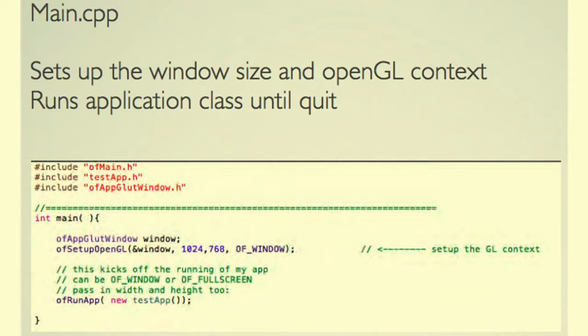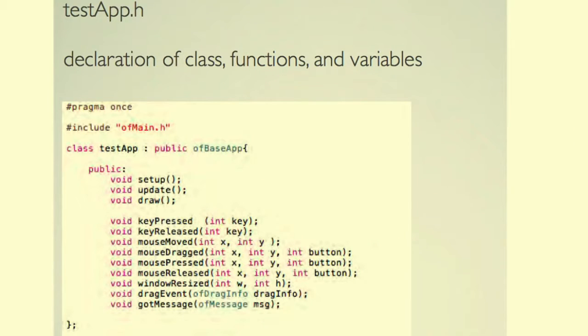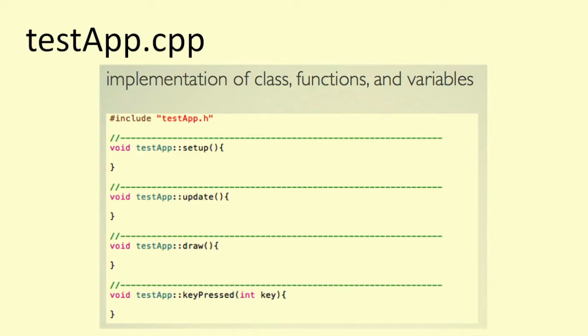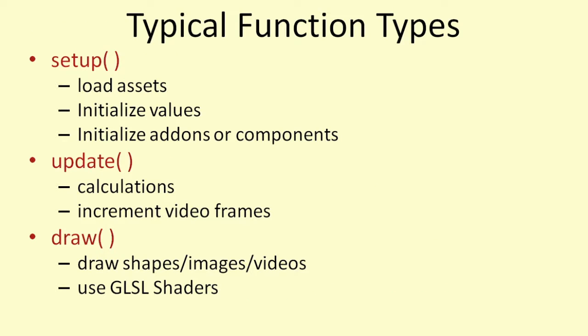Main sets up the window size and OpenGL context. Test app contains a bunch of functions that you have to fill out, and test app is where you actually do the implementation. So this is typically what you do. In setup, you load your assets, initialize any values, and initialize add-ons or components. In update, you perform any calculations and increment video frames, and then draw is where you do all your rendering style stuff.